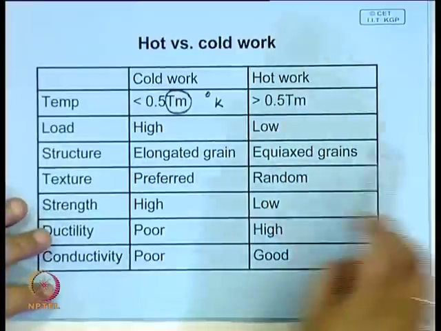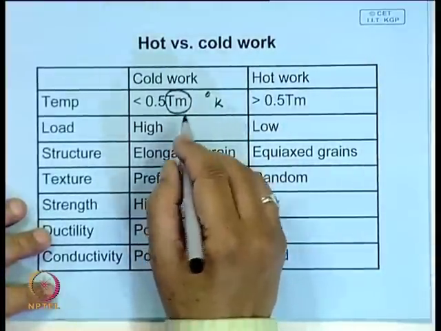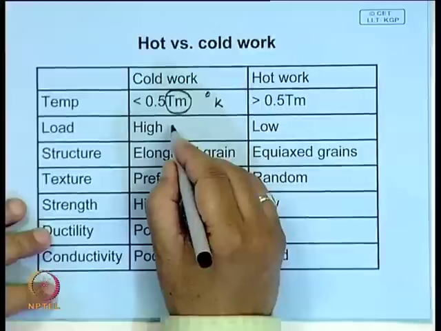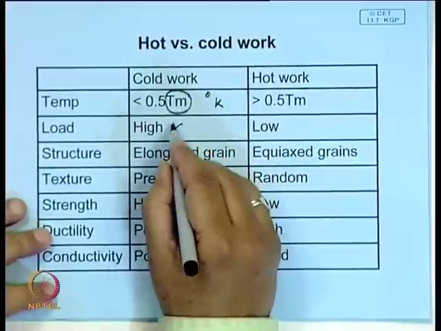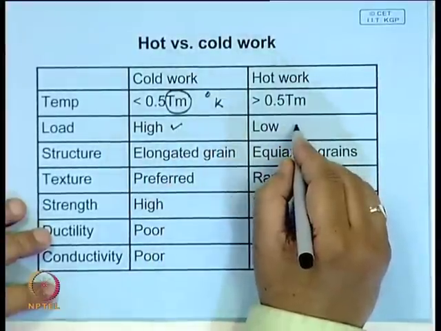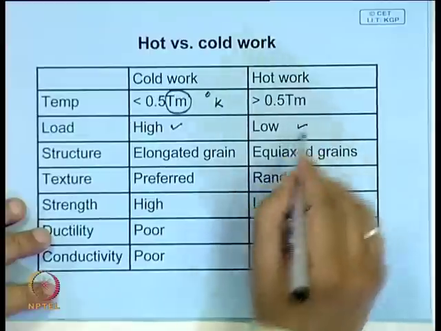So, this is what is listed here. The rolling or forging load will be high, so you need a higher capacity press, whereas for hot working a low capacity press.